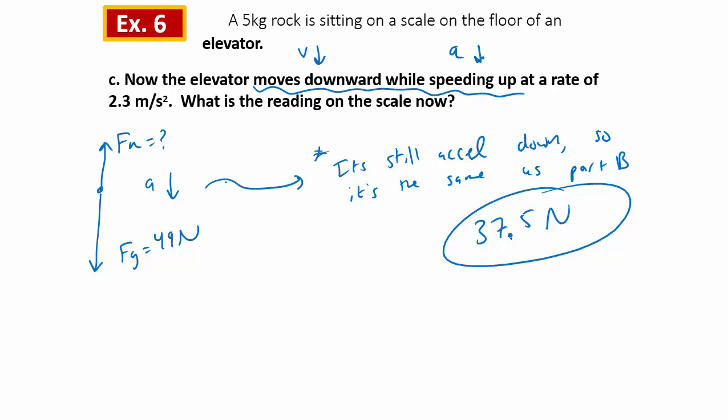It actually occurs twice. So when we move downward and speeding up, we feel a little bit lighter. The scale doesn't push quite as hard. It's only going to be pushing 37.5 newtons. So that will occur at two points on an elevator, depending upon whether we're speeding up and which direction we're moving.